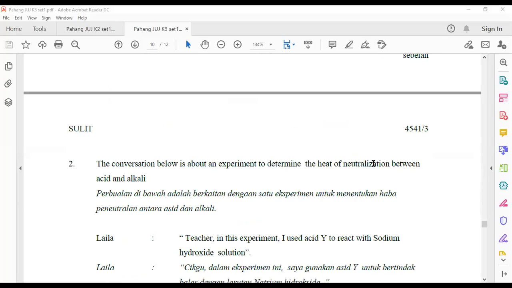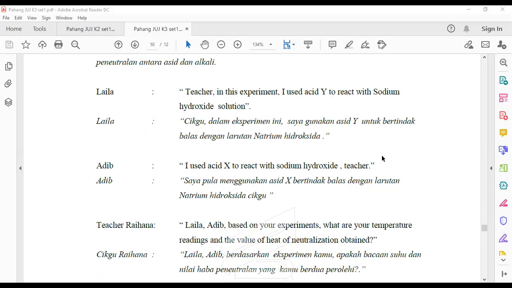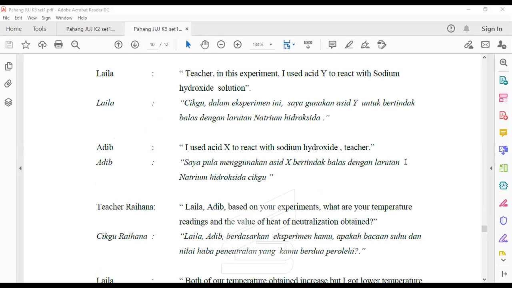Now, our second part of the paper 3. The conversation shows an experiment, can you see? To determine the heat of neutralization between acid and alkali. Now, X reacts with sodium hydroxide solution, and another one, Y, reacts with sodium hydroxide solution. Meaning to say, what is the manipulated variable here in this case? It is the type of acid, okay? And the teacher is asking, what is the temperature reading?